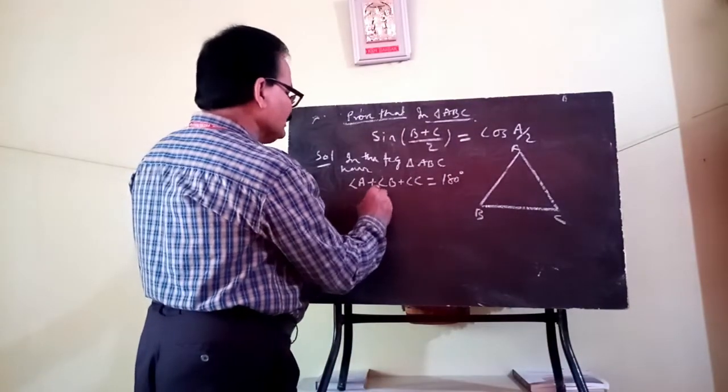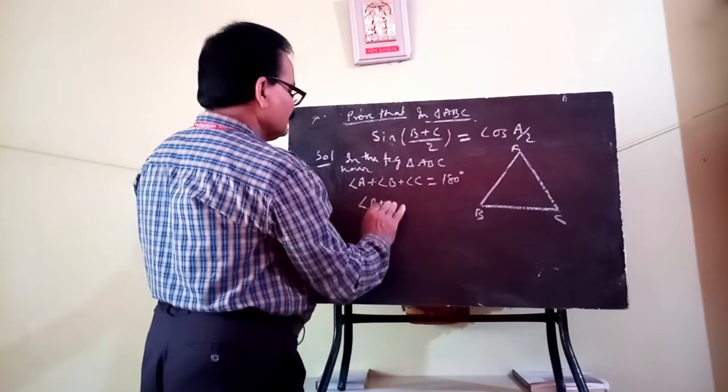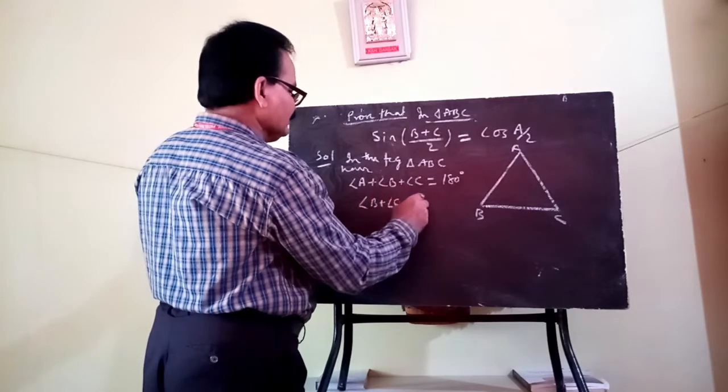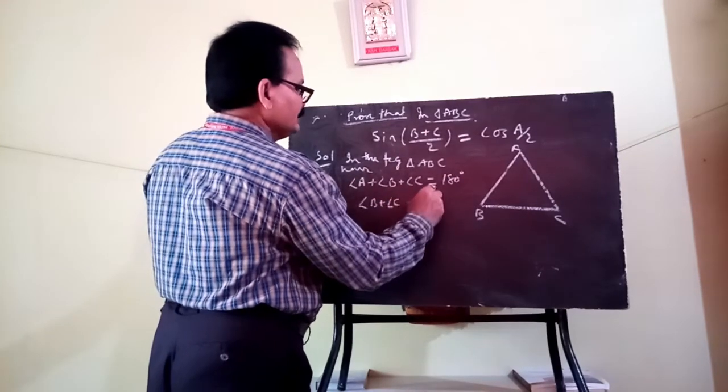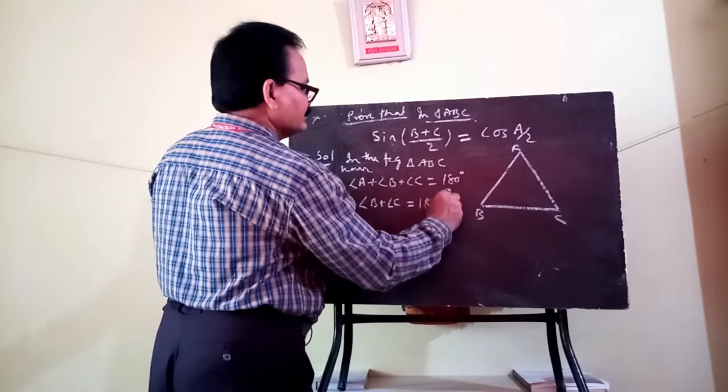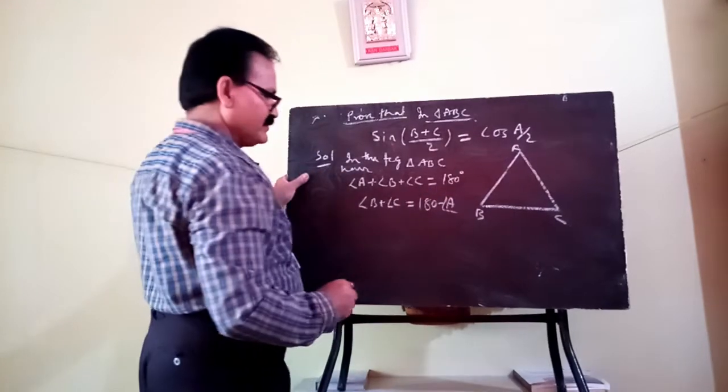So you put angle B plus angle C together and transpose A to the right side. This is your angle A.